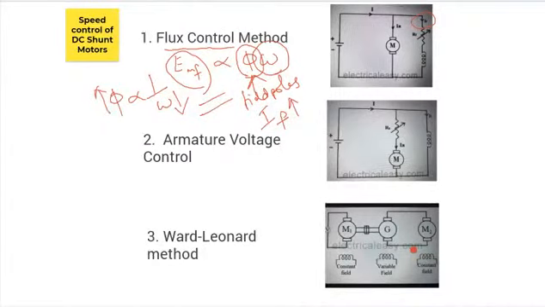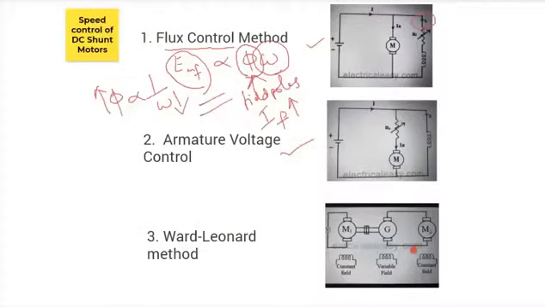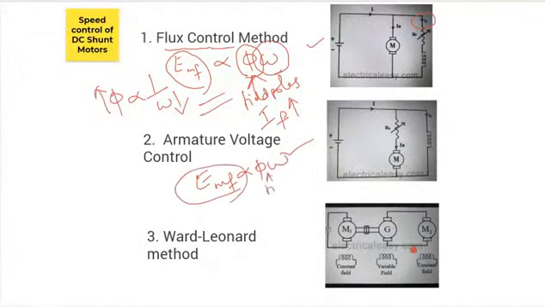And now coming to the armature voltage control. In armature voltage control, they have achieved the speed control based on varying your EMF. Here your flux is fixed, you are varying your EMF. How am I varying my EMF? Because my EMF is V minus IaRa, right?